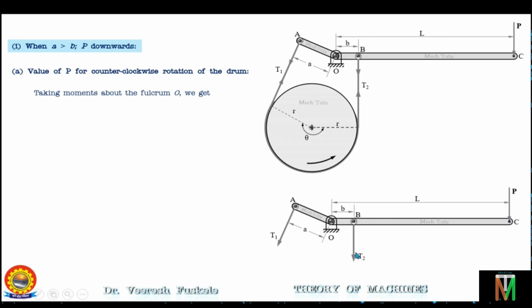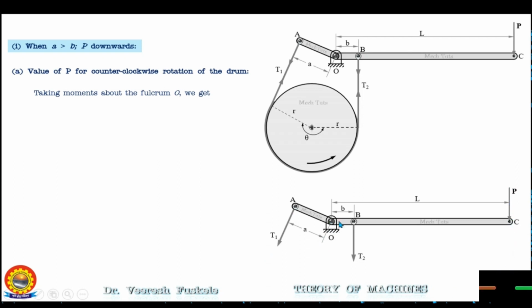So taking moments about the fulcrum point O, we have tension T1 will be rotating the lever in the anti-clockwise direction about the fulcrum. So the moment of tension T1 will be positive and the magnitude will be T1 into the distance A. The force P will be rotating the lever in the clockwise direction about the fulcrum.